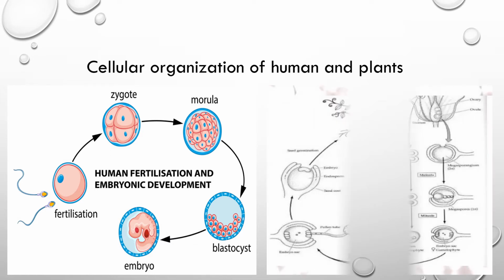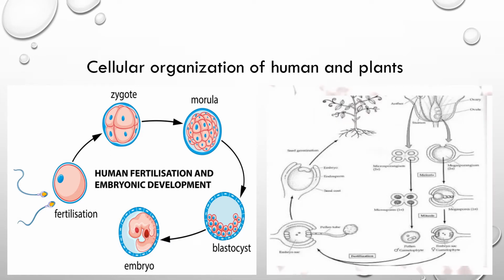The same phenomenon occurs in plants. A pollen grain and an ovule are fertilized to form an embryo, and it further develops into a plant. So in these two instances you can clearly identify that cellular level organization can be observed in the development of both plants and animals.